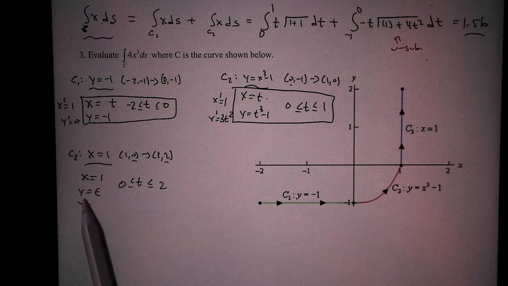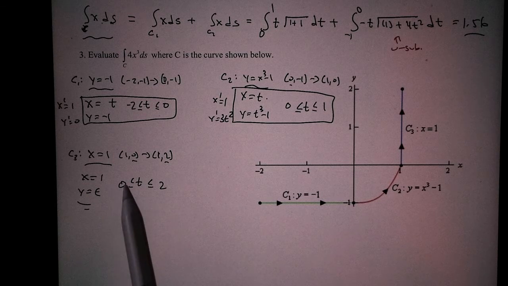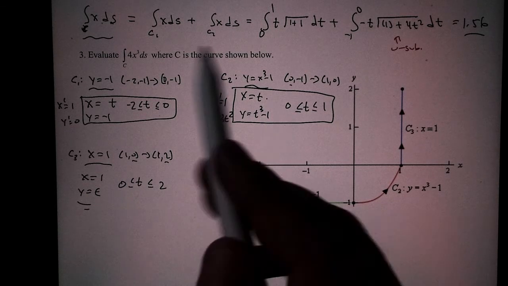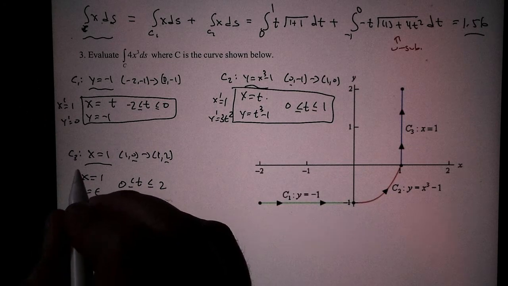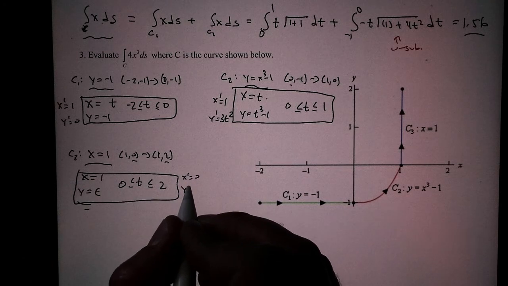What would you have to make this be to make this start at 1? That's how you have to figure out what y would have to be in order to make this be at 1 right there. And then you can make it more continuous, if you like. All right, once again, we will need the derivatives. X prime here is 0, y prime is 1.